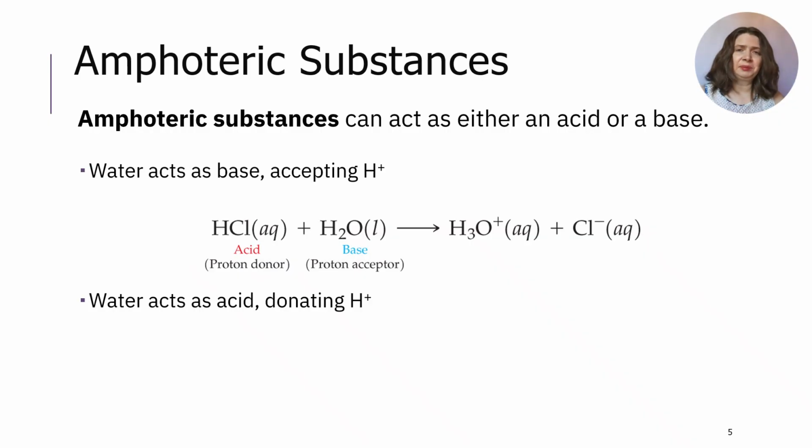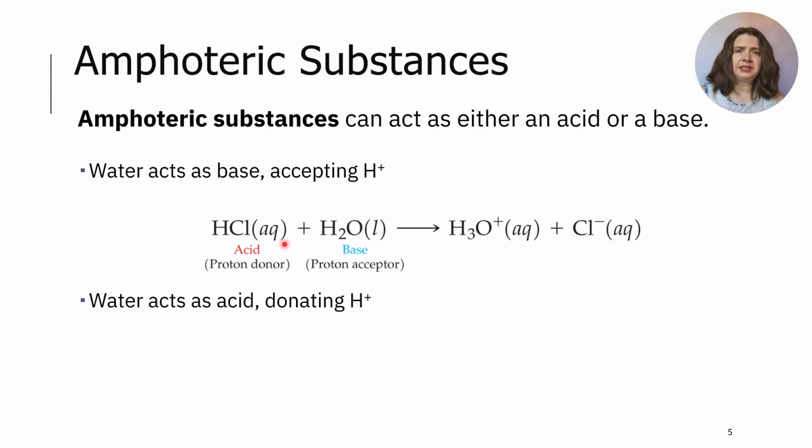Some substances behave only as acids, others behave only as bases. Some are neither. There is also a special group of substances that can act as either an acid or a base. These substances are called amphoteric. Water, H2O, is an example of an amphoteric substance.